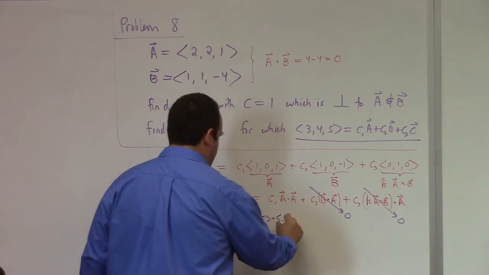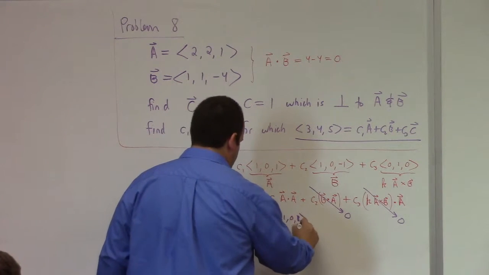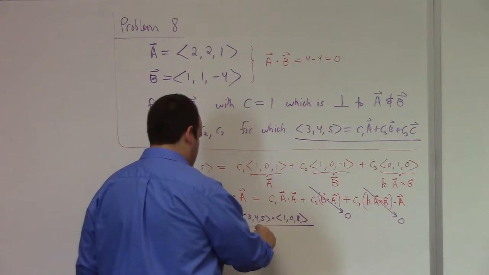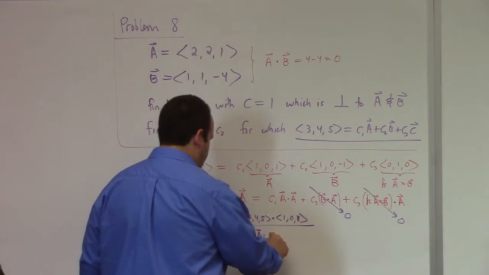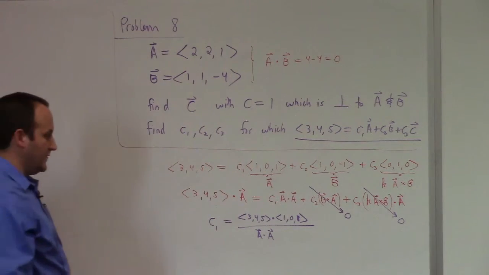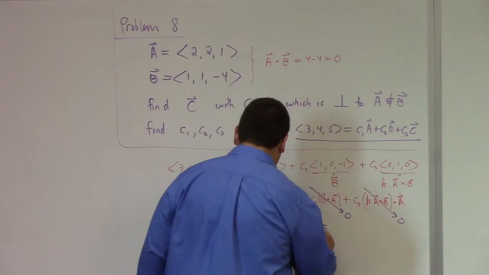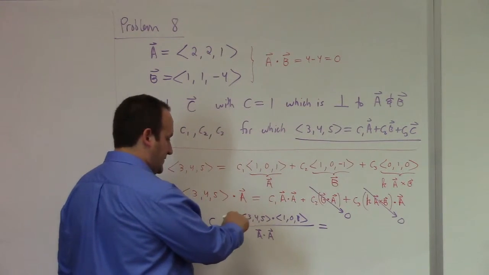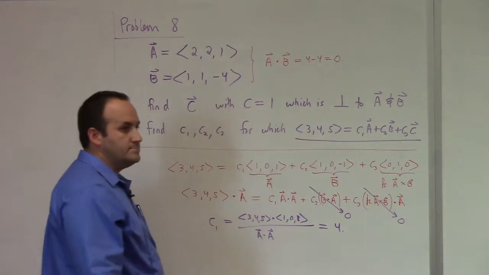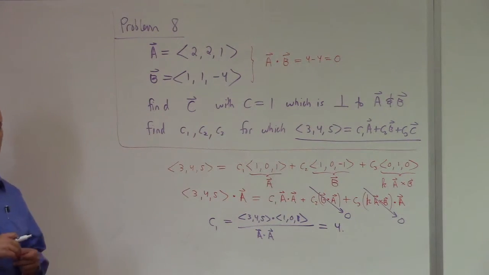Dotted with 1, 0, 1, in my made-up example, divided by A dot A, which is what? Well, I'll write it as A dot A. But in this case, A dot A is just 2, right? So, in fact, C1 is equal to 3 plus 5, 8, 8 over 2, 4. How would you find C2?